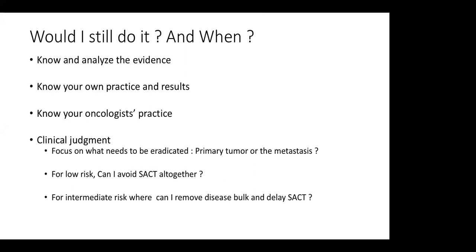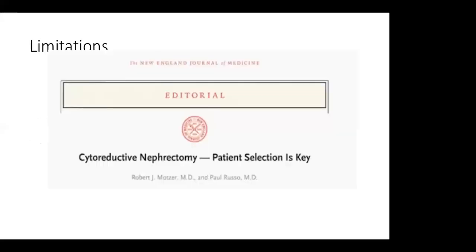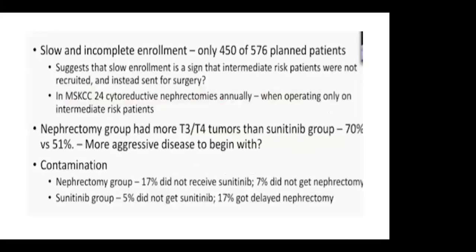Soon after that, Dr. Robert Motzer's group, the Memorial Sloan Kettering Cancer Center in New York group, came up with their analysis, which was again not in agreement with all findings of the cytoreductive trial. They suggested it was a slow and incomplete enrollment.